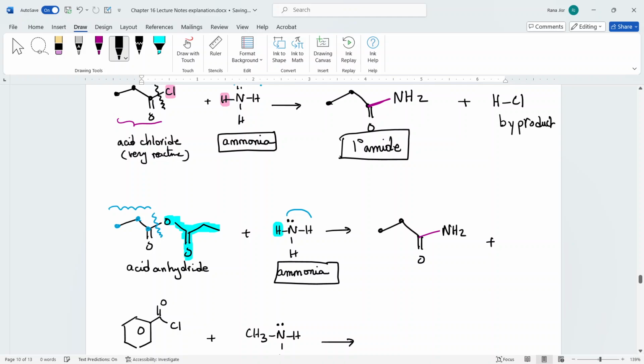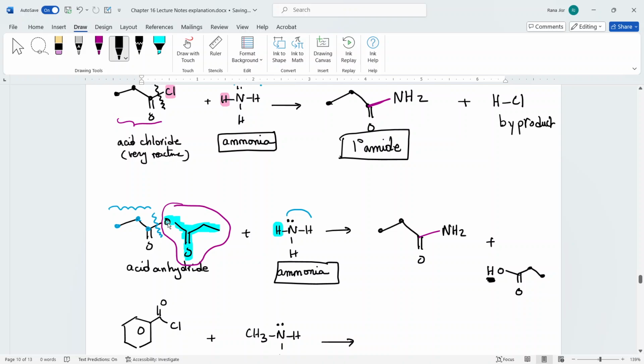Plus my byproduct. What is my byproduct? My byproduct is this whole thing that is left from the acid anhydride. So go ahead and write it down. I have the O, the carbon double bond O, and then the CH2, and then the CH3. And that is going to bond with the hydrogen, and this hydrogen is simply from the ammonia. Notice how I put the hydrogen?